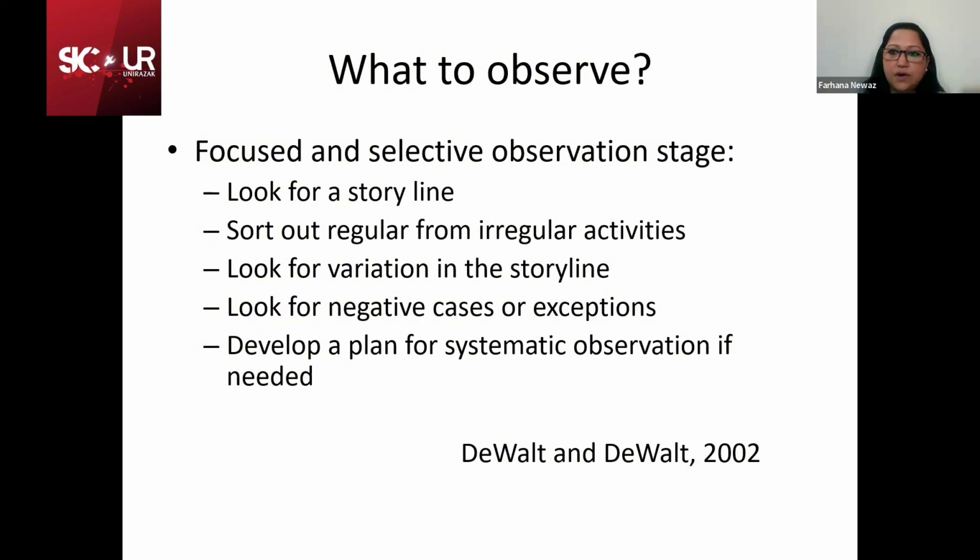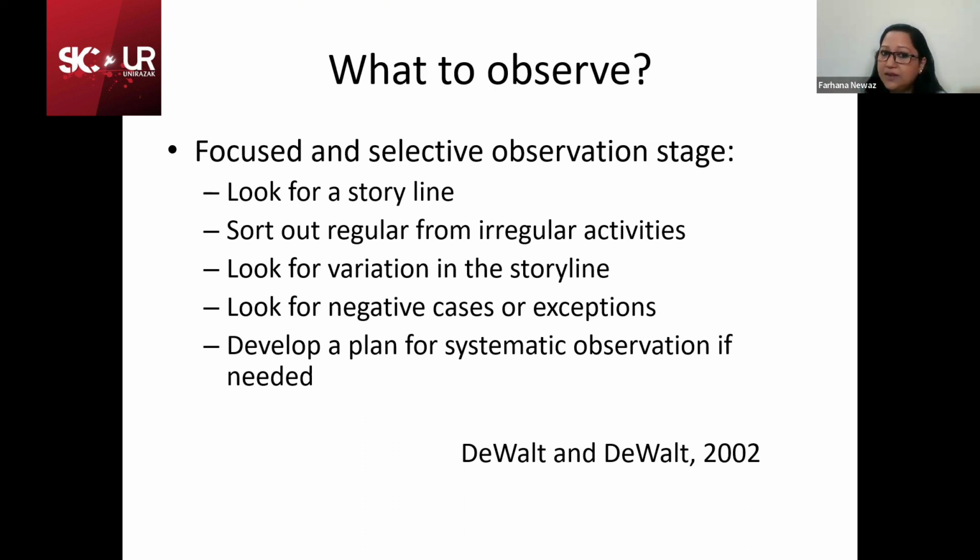So you need to look for a storyline first, and then identify the regular activities as well as the irregular activities. You already have the storyline in your mind, and some perception, but when you are observing, you also need to find out whether there is any variation from your storyline.